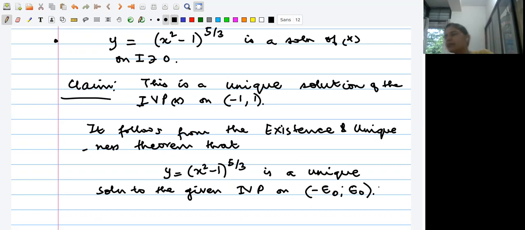I am denoting that interval by minus epsilon naught to epsilon naught. Is that okay with everybody present here?